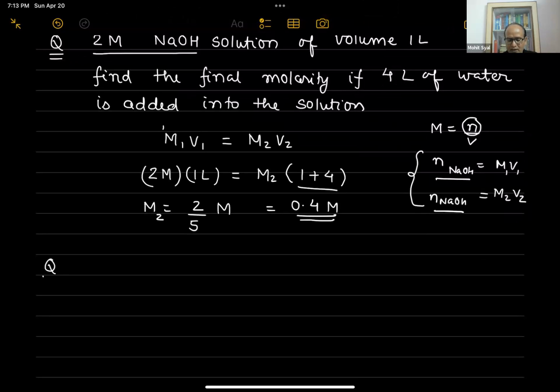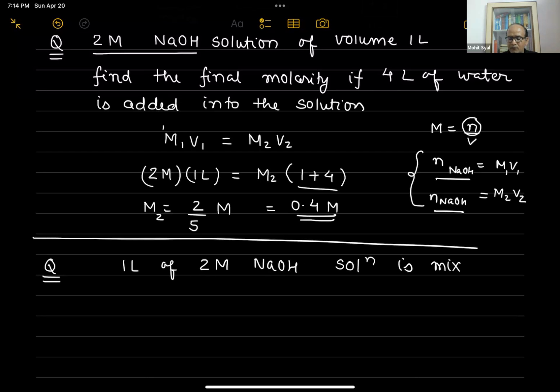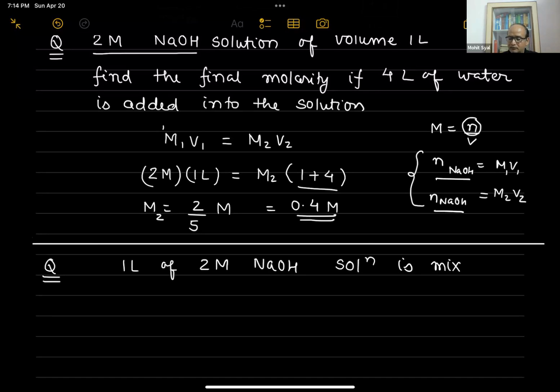Suppose there can be a question in which 1 liter of 2 molar NaOH solution is mixed with, this is a different type of question, okay, not from the above, 2 liters of 4 molar NaOH.